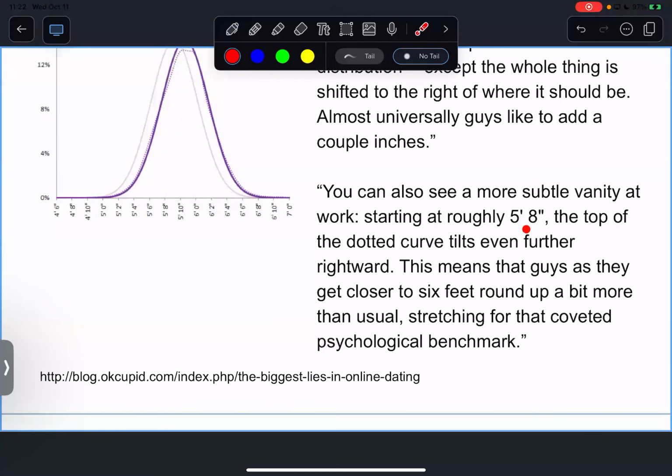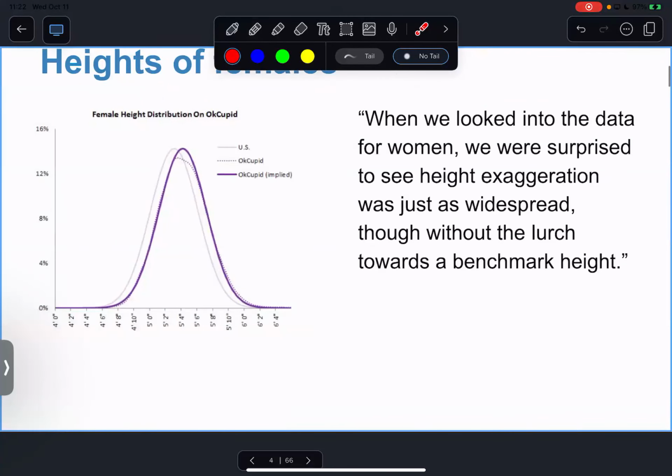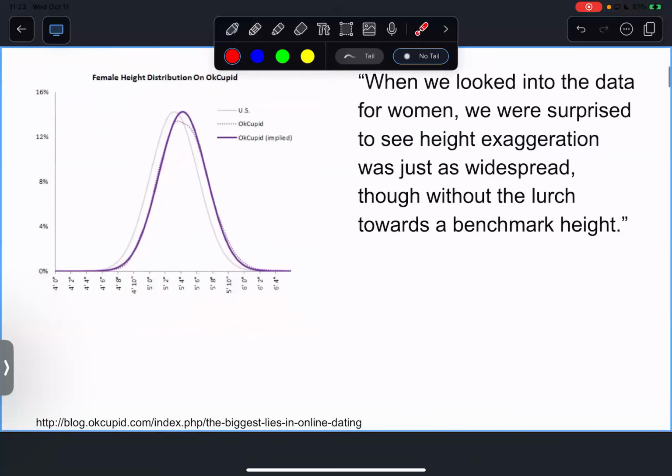So this is for the man. You're so close. So then you bump it up a little bit more, and there's this shift in the distribution. It's just kind of a fun look. They see it in the females as well, but there's not that kind of the jump towards being taller. It's just everyone made themselves taller, I guess. Or maybe we all shrunk and we didn't know it. How about that?